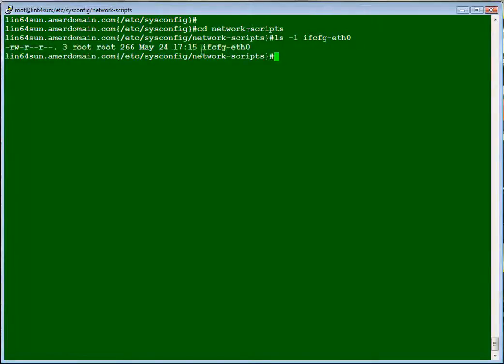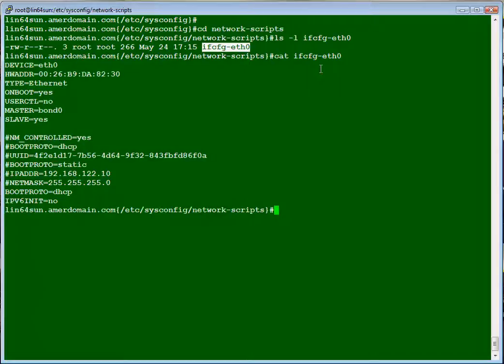This is the configuration file for that Ethernet card, or NIC, the network interface card. This file should contain all the details to assign the IP to that network card.